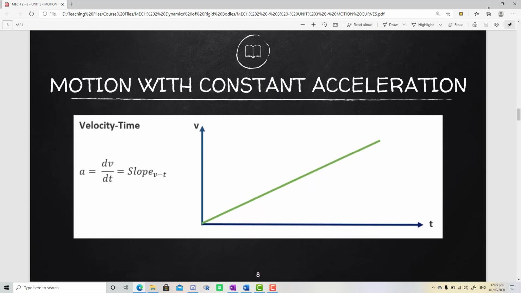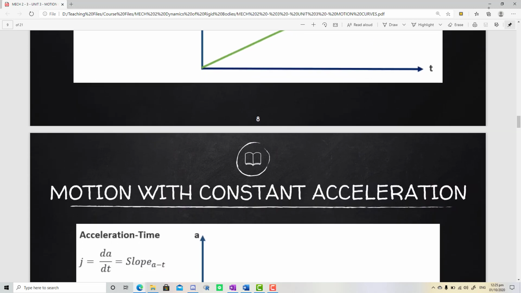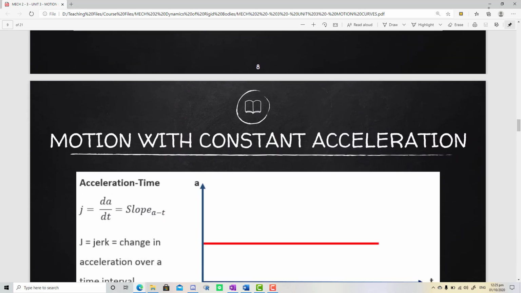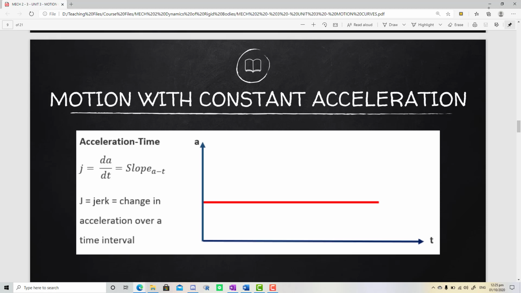Okay, differentiation. And to take the acceleration, you differentiate further, and you will arrive with the constant acceleration. And if you take the jerk, or the change in acceleration, that will just be equal to 0. Okay?